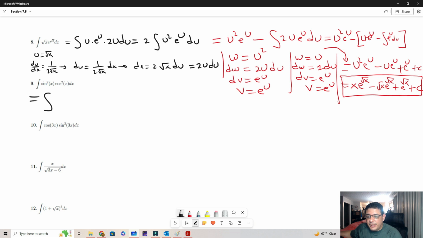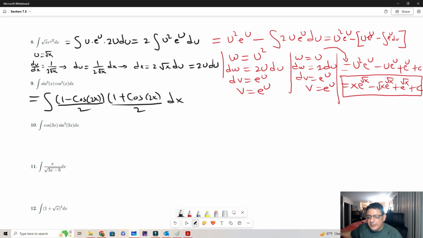So for example, sine squared can be seen as 1 minus cosine of 2x divided by 2. And cosine squared can be seen as 1 plus cosine of 2x divided by 2. So it's pretty much the same kind of identity. The difference is the sign.